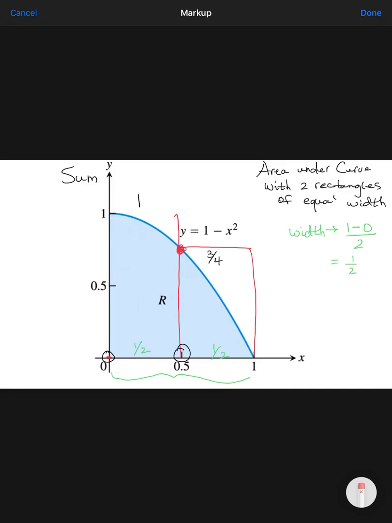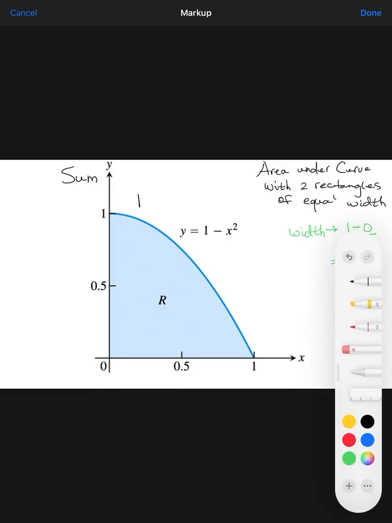We don't need any of this, because again, we can leave the width. The width isn't going to change. Alright, let's say it wants us to find the lower sum.